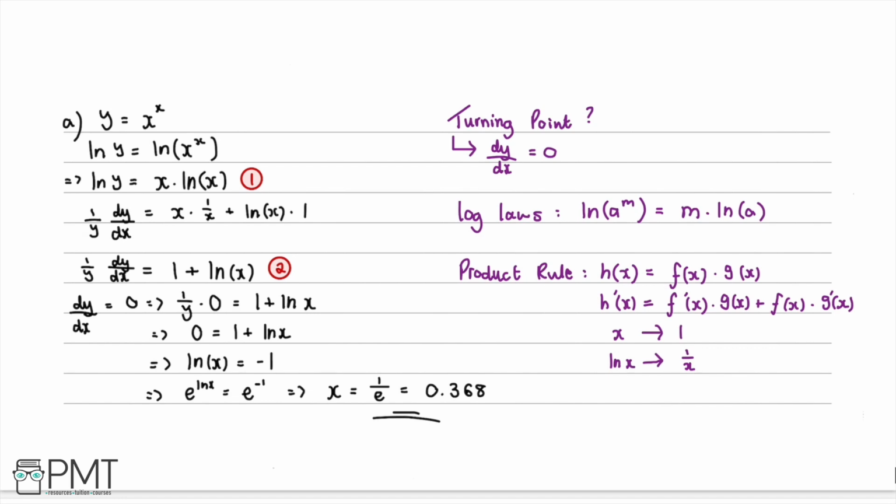We then receive our 4th mark for manipulating this and setting it equal to 0 and getting to the stage where e to the power of ln x is equal to e to the power of negative 1. And then we receive our 5th and final mark for coming to the correct conclusion and having the correct answer that x is equal to 0.368 or 1 over e.